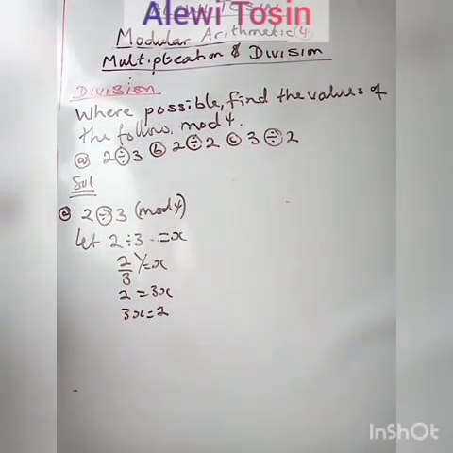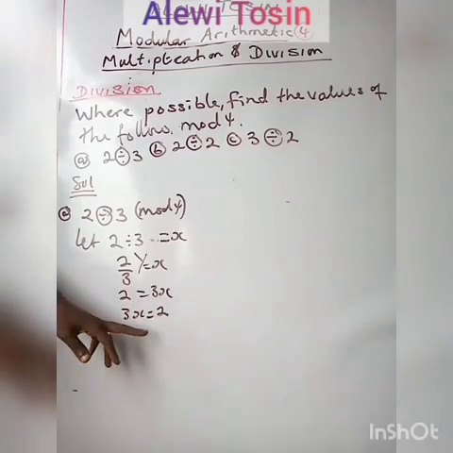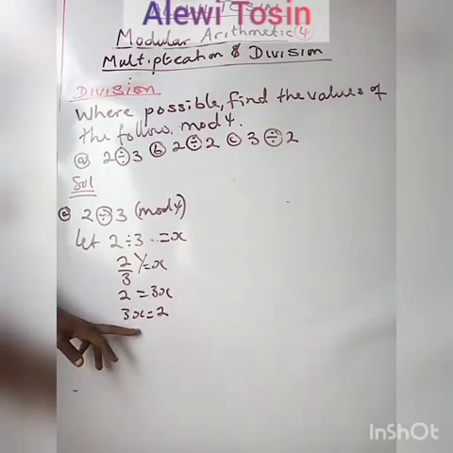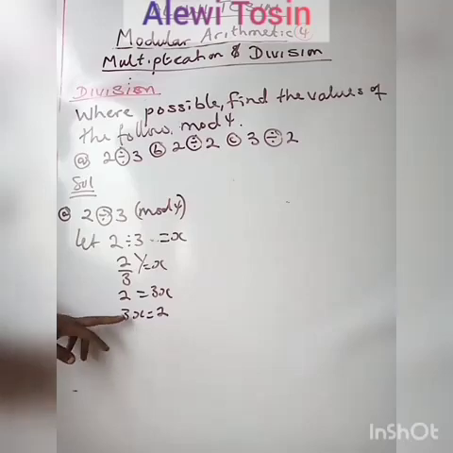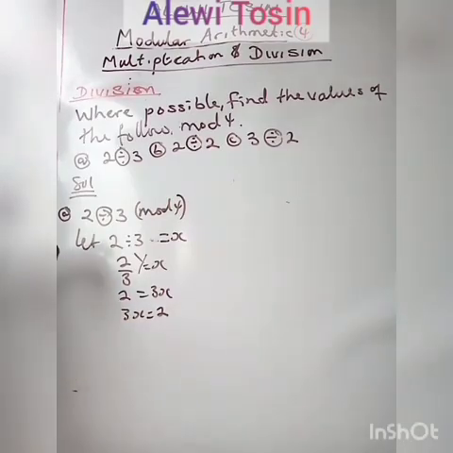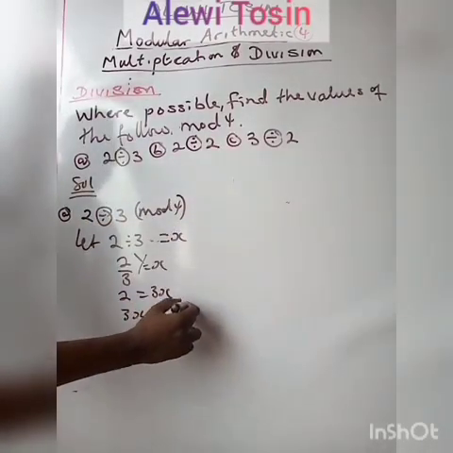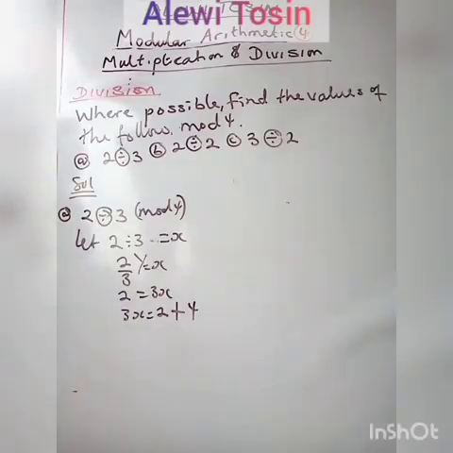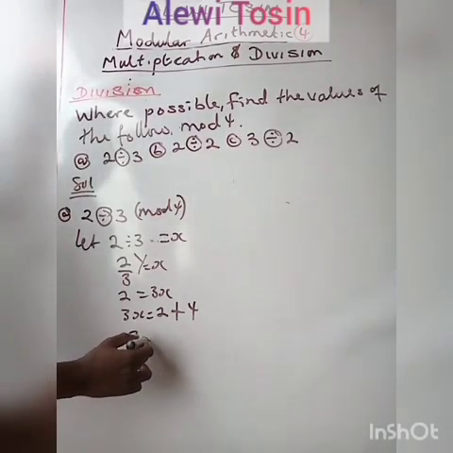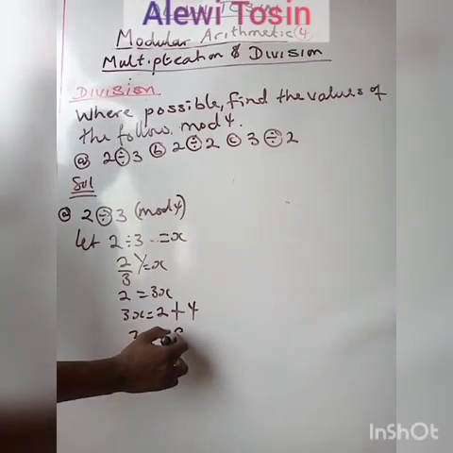Normally we have to divide both sides by the coefficient of x. But before we do that, 3 cannot go into 2. So what should we do? Let's add the multiples of the mod. The first multiple of the mod, which is 4: add 4 to it, and 3x equals 6.